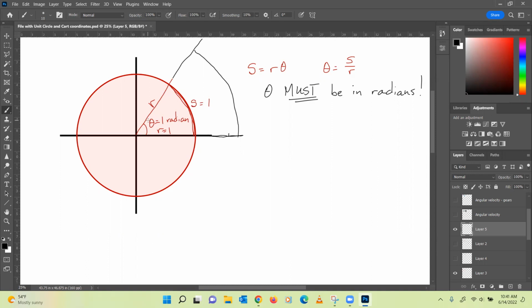Now, when I talk about that, it's how fast something is spinning. And we've got a lot of circles that spin in our world, and understanding how fast they spin can be really useful. Velocity is simply a distance divided by time.